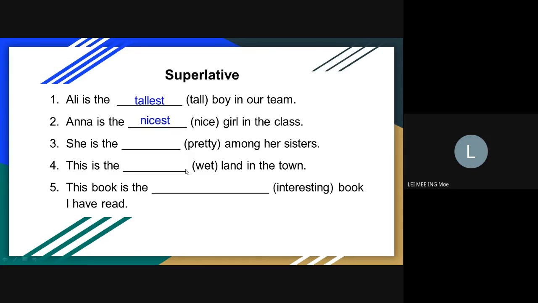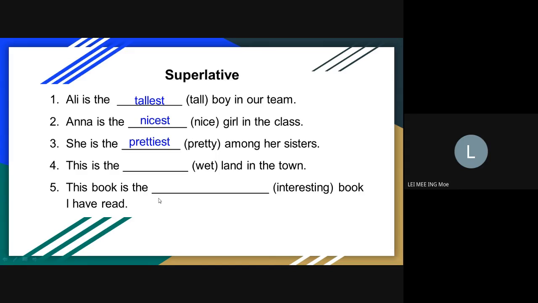All right. The answer is prettiest. We have Y as the last letter here. You drop your Y. Remember, you need to plus IEST. All right. Good. A lot of you answered prettiest. The correct answer. Well done.